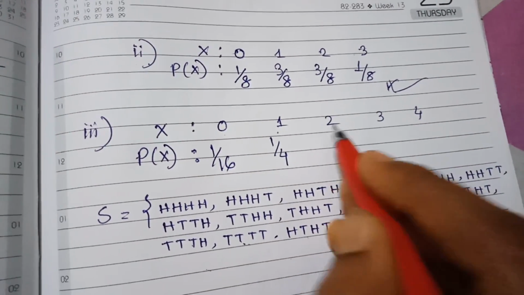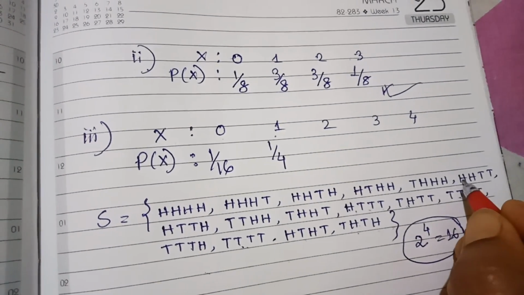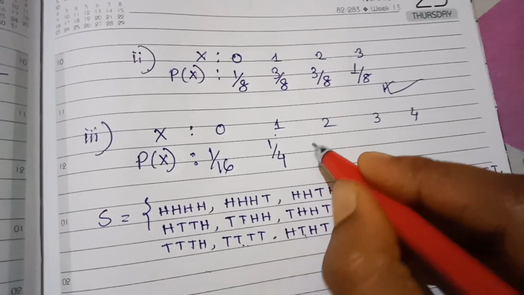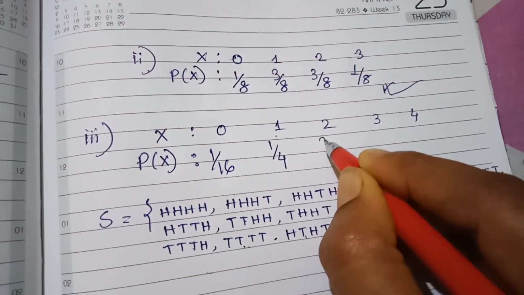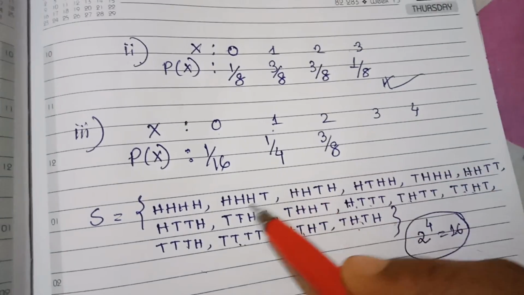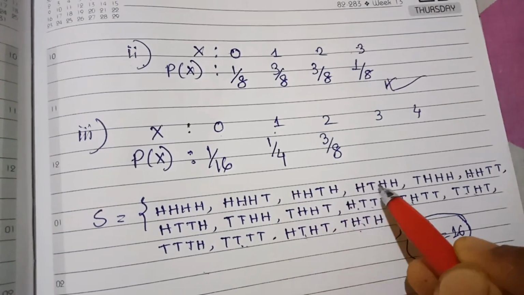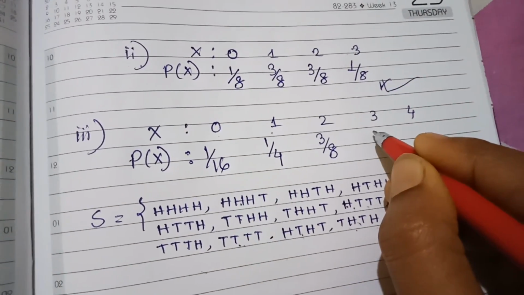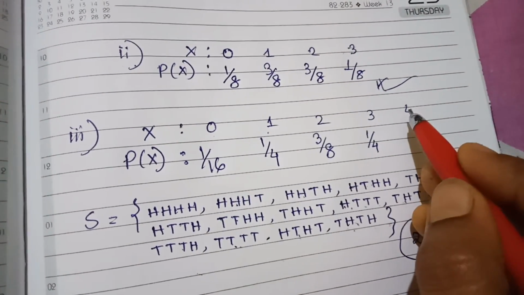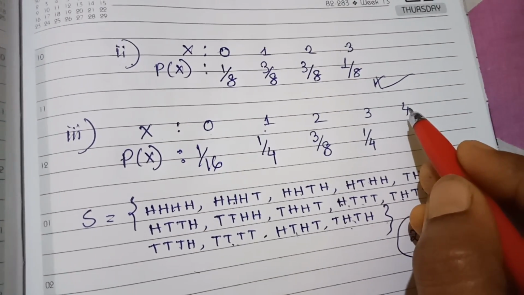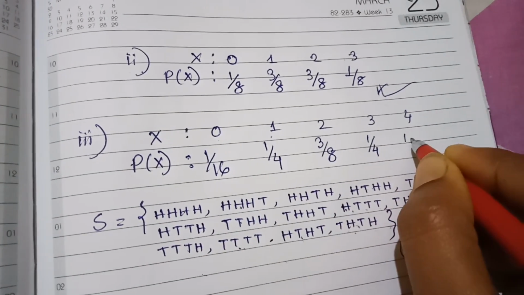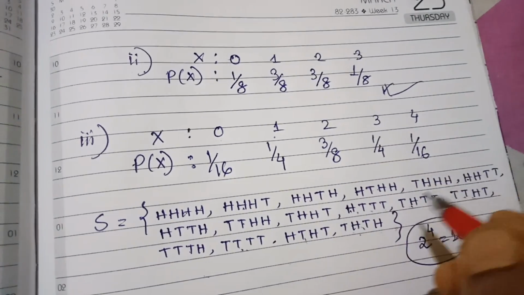Number of heads 2: 1, 2, 3, 4, 5, 6, so 6 by 16, which is ultimately 3 by 8. Number of heads 3: 1, 2, 3, 4, so 4 by 16, that means 1 by 4. Then number of heads 4, that is only 1, so it's 1 by 16.